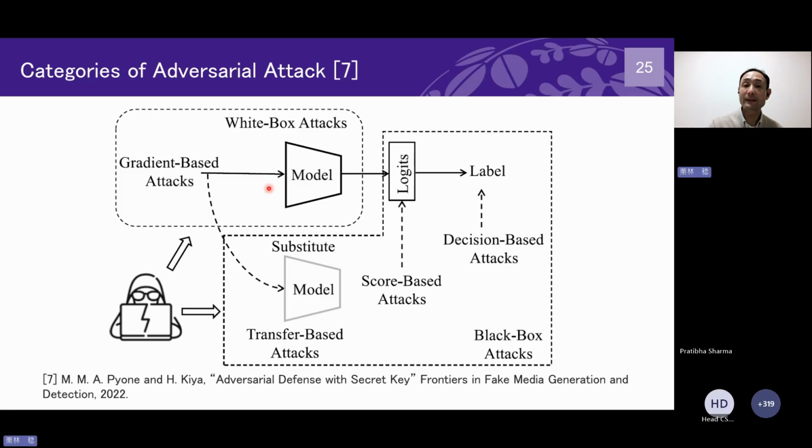The attacker makes a surrogate model and creates adversary examples. Due to the transferability of the adversary perturbations, the adversary example that works on a surrogate model is also useful for the original model. And the others are also related works. Okay, anyway, these are some categories of adversarial attacks.